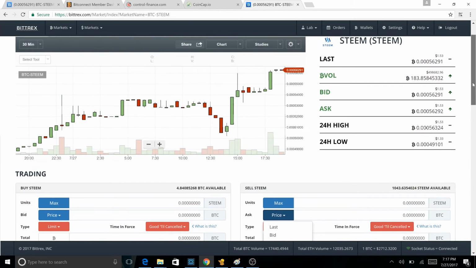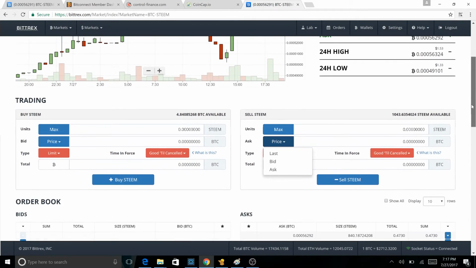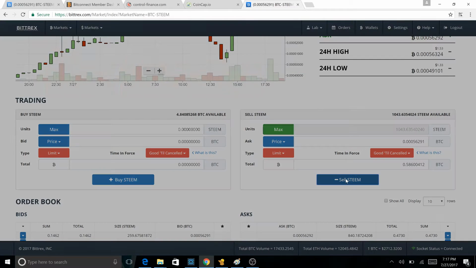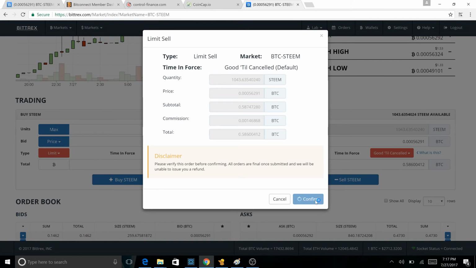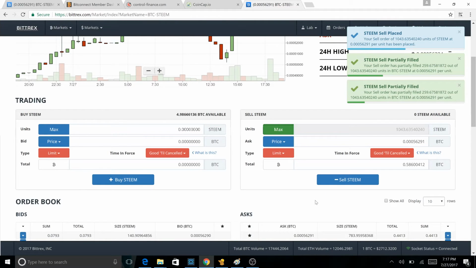So we're going to have to reconfigure the profit, but I actually have 1,043 STEEM left. So I was able to sell about 3,000 of them. And right now we're just going to go by the bid and try to sell the rest of them real quick, and we will reconfigure the profit, and we will go ahead and do a withdrawal of 1 Bitcoin just to show you how to withdraw off the Bittrex exchange.